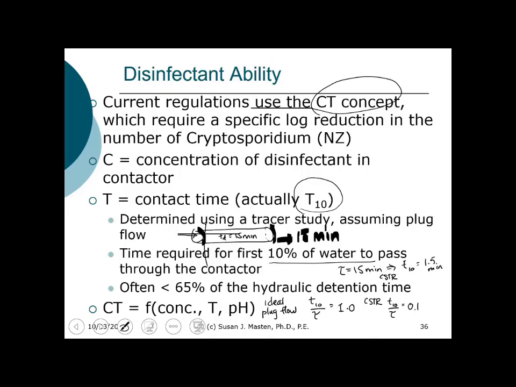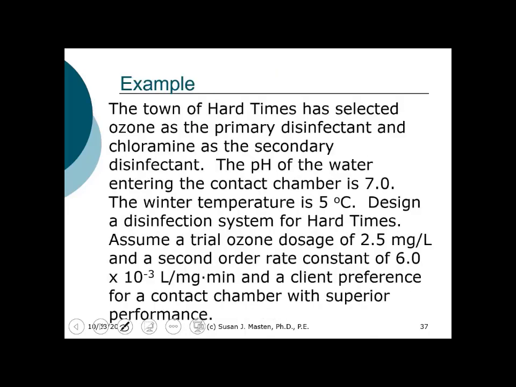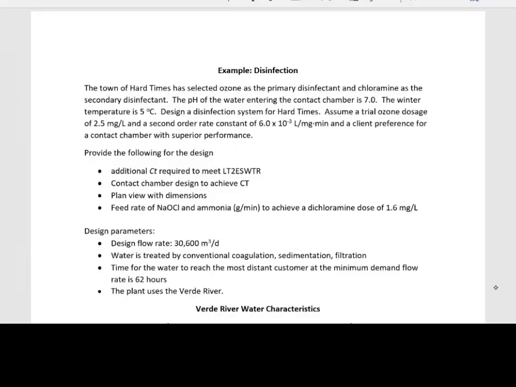So what we'll do next is we're going to go through an example. There is a Word file that is posted on LonCappa, and that goes through this whole example here. So we have a situation here where we have a town, and they have selected ozone as the primary disinfectant and chloramines as a secondary disinfectant.